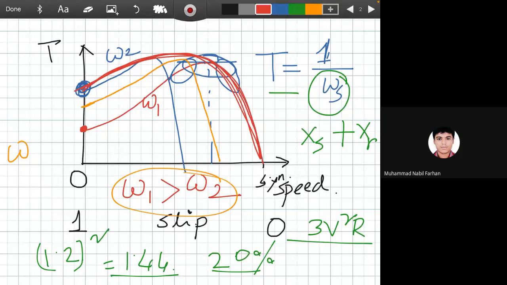Sir, when drawing the red curve, did I connect the maximum points? It depends on your drive system. If you want to add those things, you may. And if you are a good programmer, then you will.